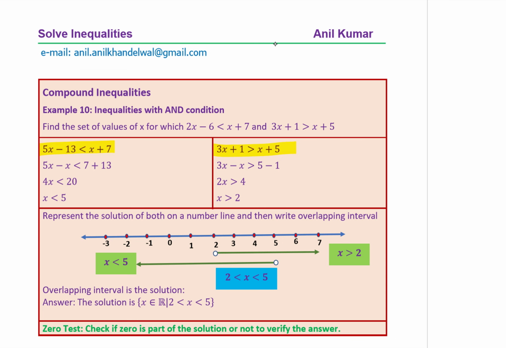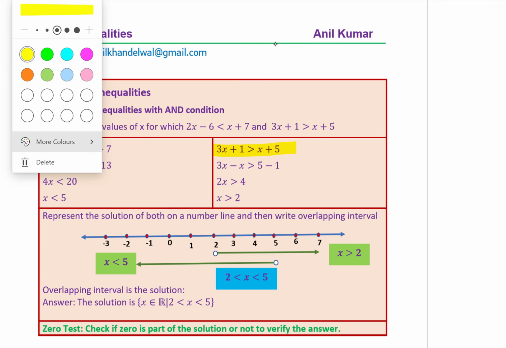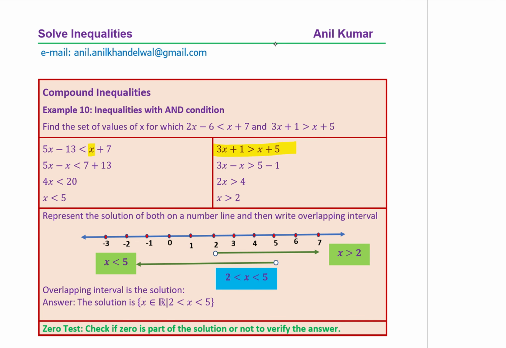So for the first one, let's solve it here. We have 5x minus 13 less than x plus 7. What we did was we brought this x on the left side, right? And the number 13 on the right side. So we have variables on the left side.